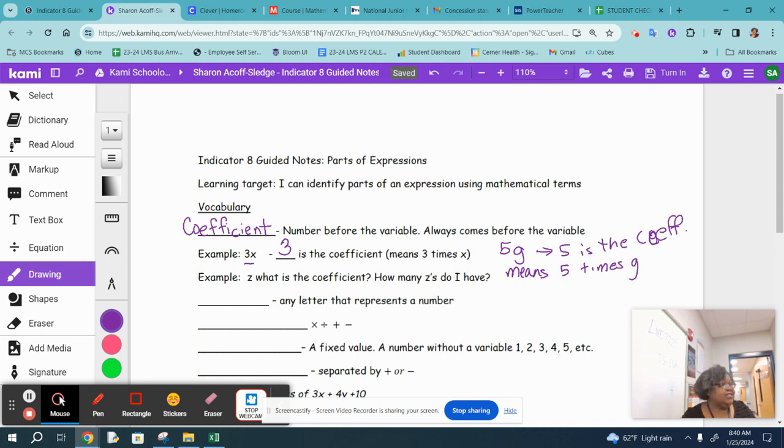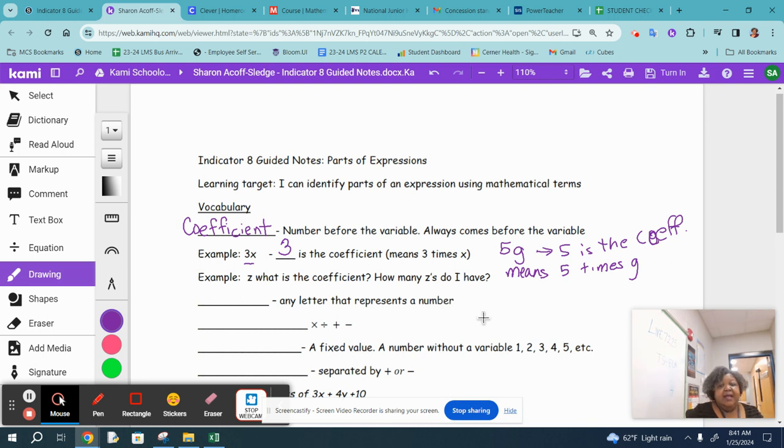I need to redo this and use another variable other than x because I'm trying to get you away from x for multiplication. So that's just another example over here. So if I want to do multiplication, I just put the number in front of the variable, and that means I'm multiplying that variable by that number.